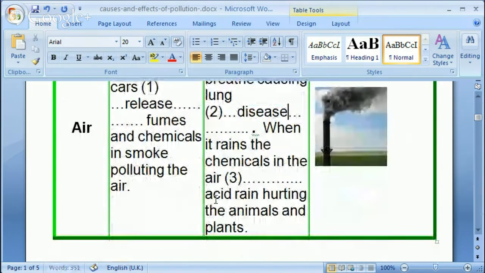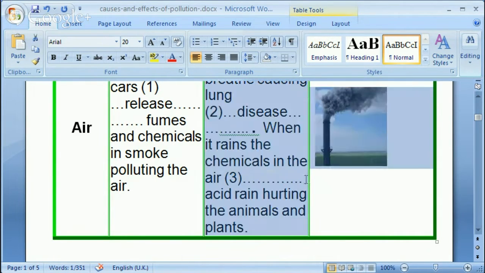All right, continuing. When it rains, the chemicals in the air, something, acid rain, hurting the animals and plants. Now, again, I can eliminate "when it rains." I can eliminate prepositional phrases like "in the air."